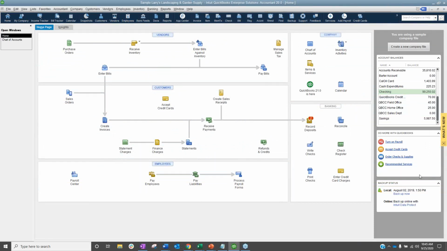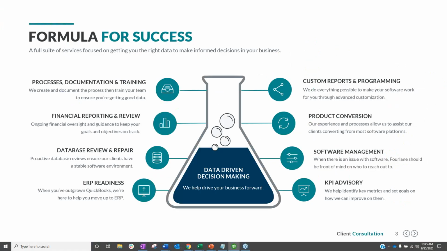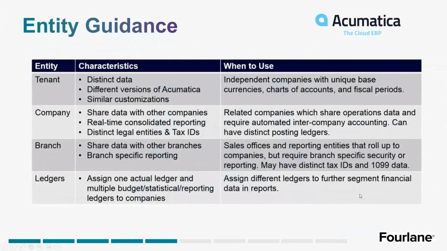Let me go ahead now to show you guys the options when it comes to tenancy in Acumatica. So we can have multiple tenants, which can be, I know it's very can have, right? There's a lot of choices that need to be made when we set this up.